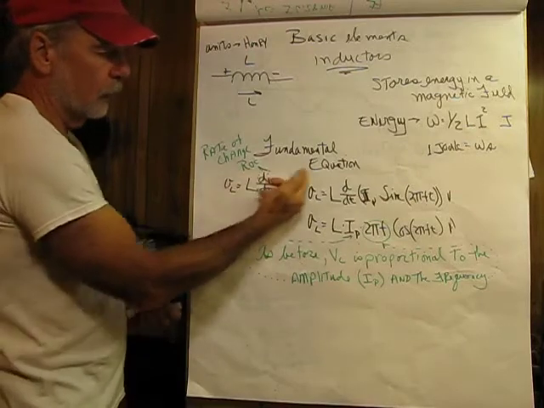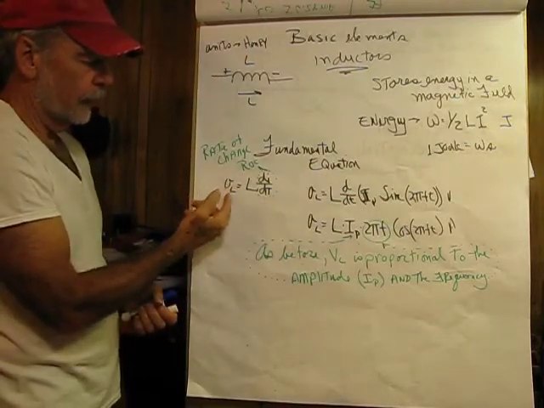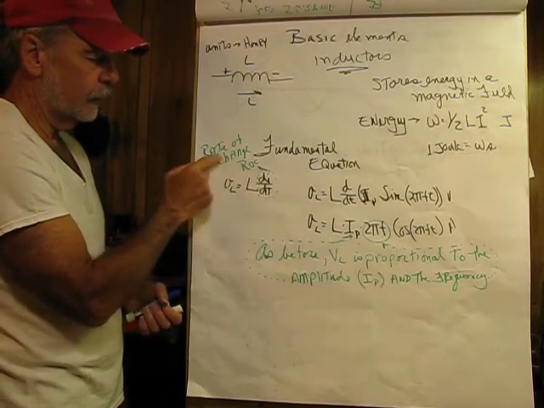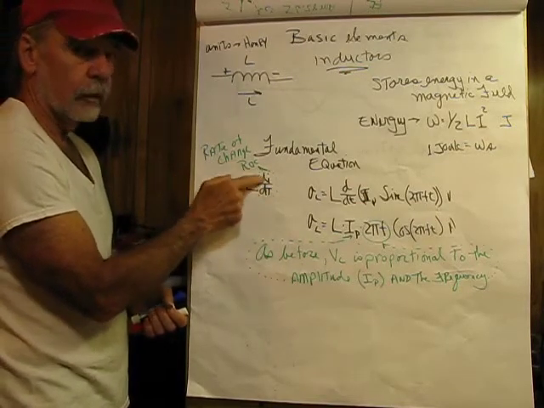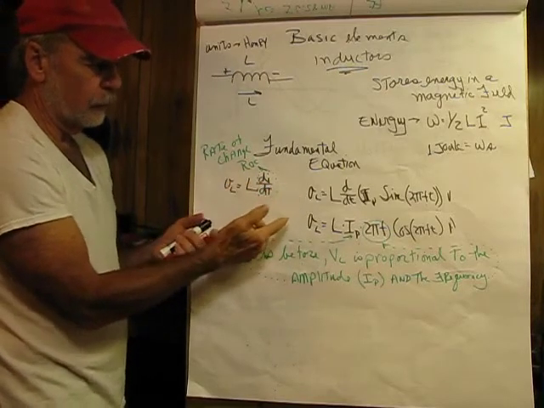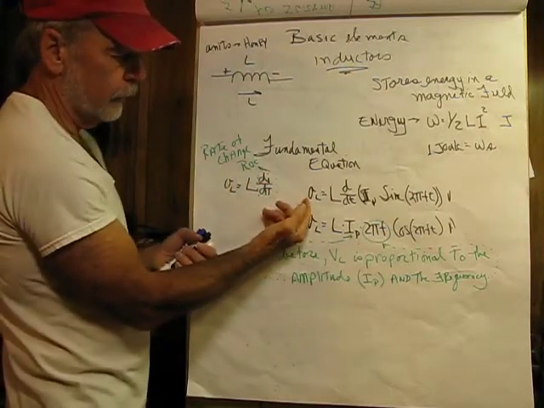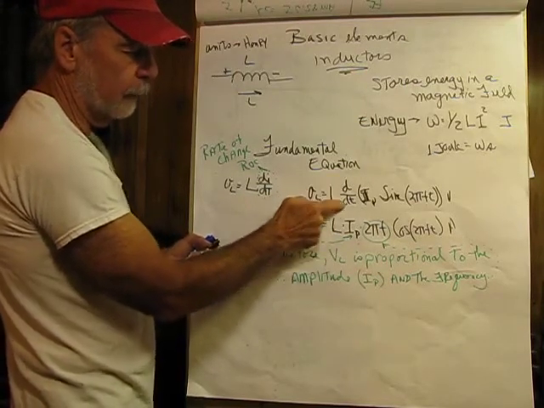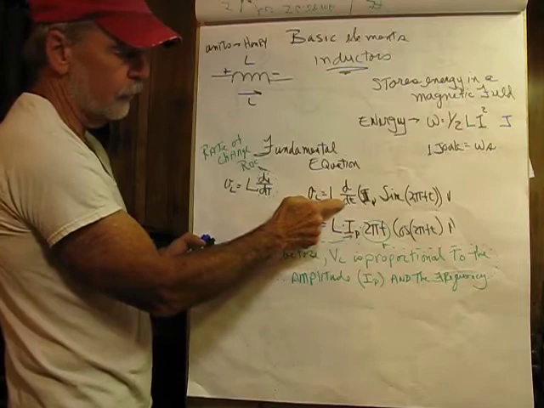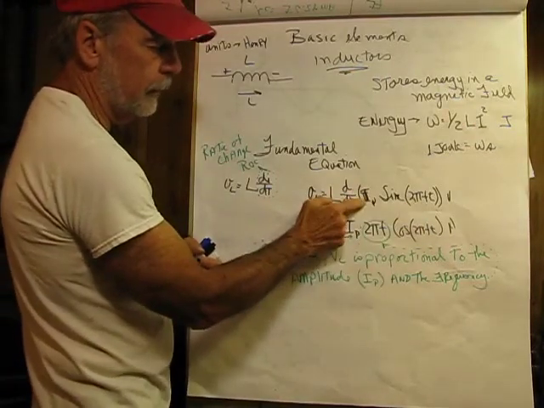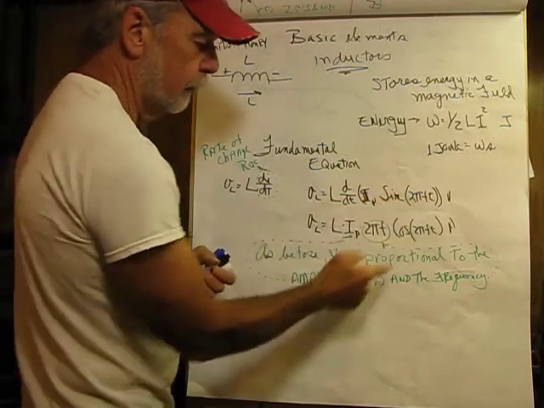So the fundamental equation for an inductor is VL equals L di/dt, where di/dt is the rate of change of current flow. So we're going to take that and expand it into sine waves. So the inductor voltage equals L, and this is the mathematical operator that requests the rate of change, d/dt, of the current, which is defined as I peak sine of 2 pi ft.